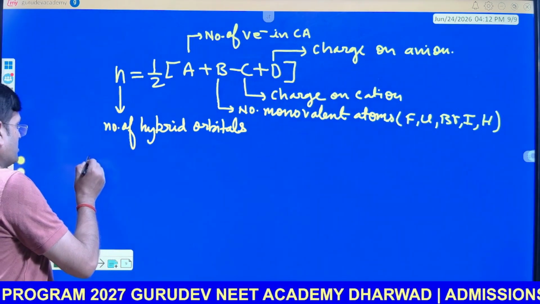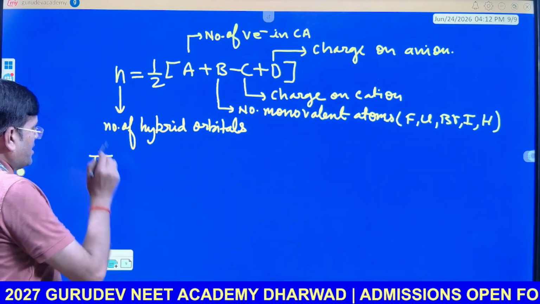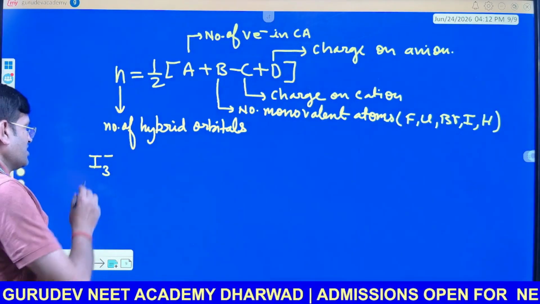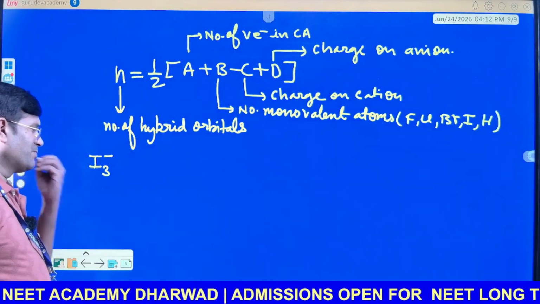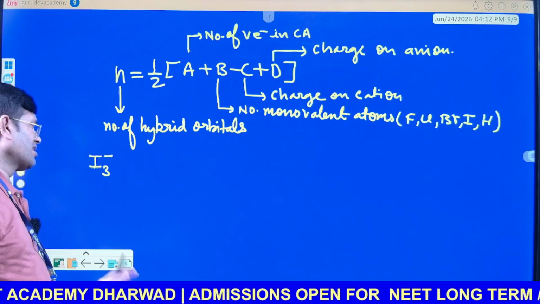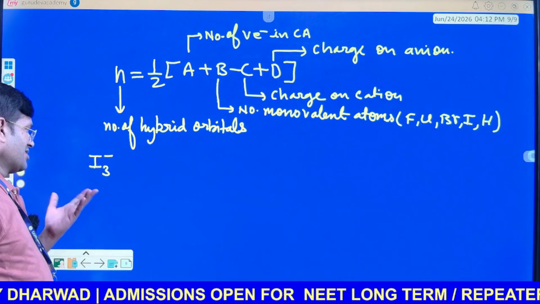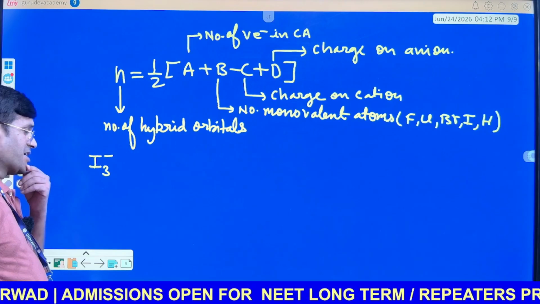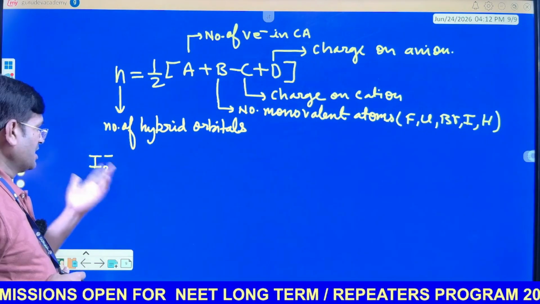Suppose I ask you to find out the hybridization and shape of this ion. This question has been asked several times in NEET, JEE, everywhere. So first you will see how to find the hybridization, then on the basis of hybridization, you will be able to predict the shape also.